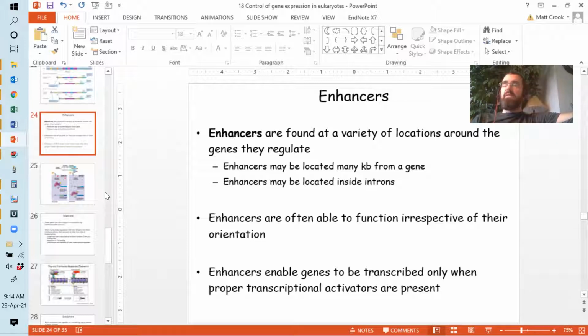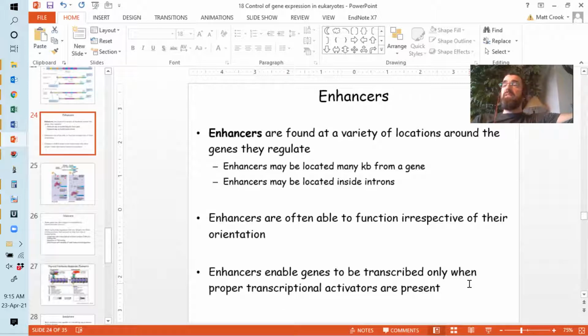So where is it expressed? When is it expressed? And quite often, to what level is it expressed? These and response elements fall largely into the same kind of group.